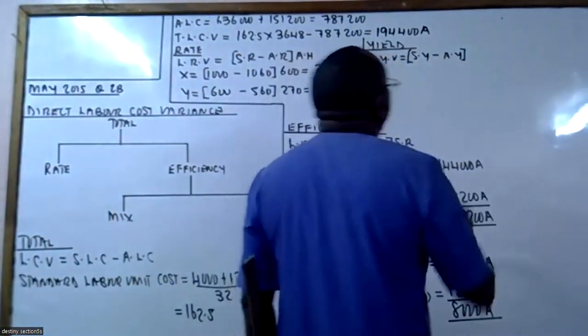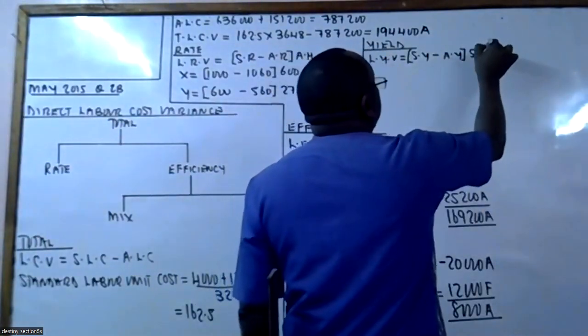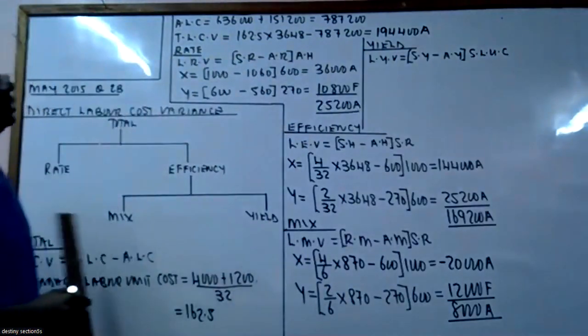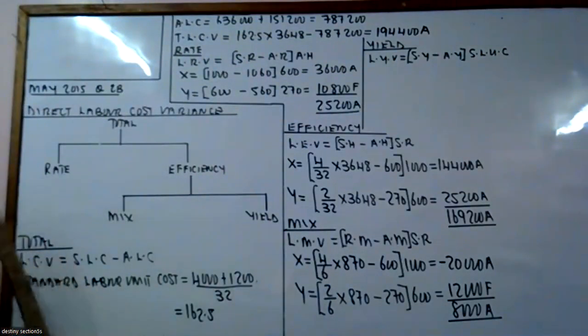You multiply by standard labor unit cost.